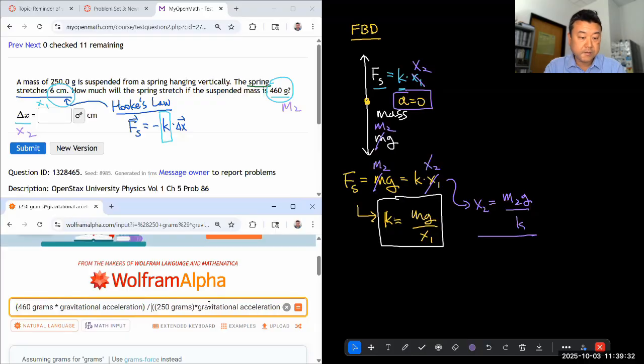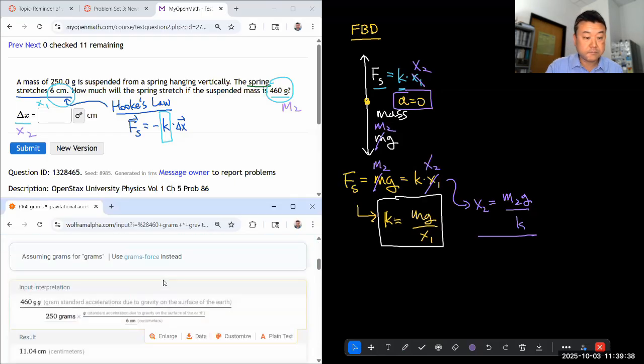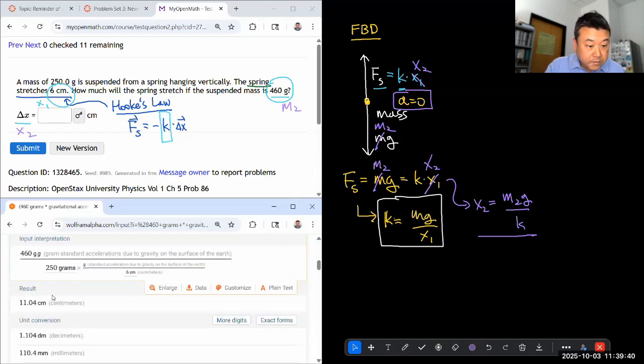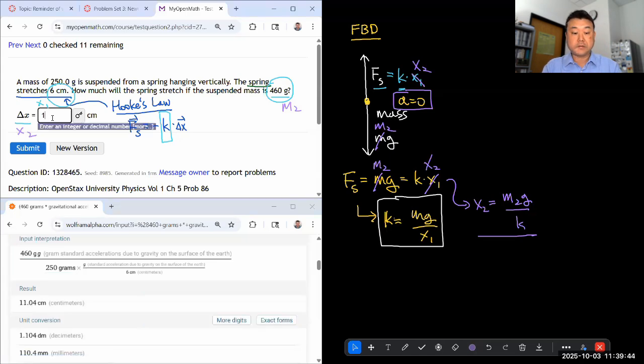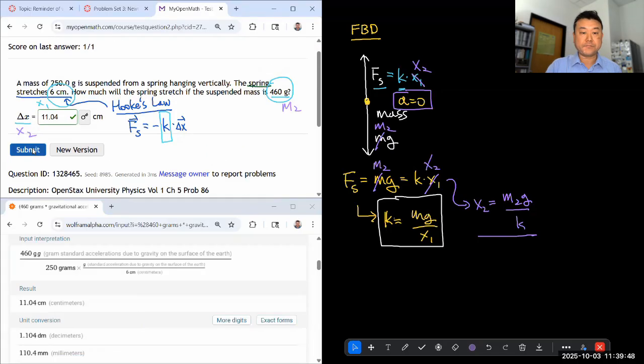All of that divided by that. So that should give me something in the unit of length, meters or centimeters. Let's look here. Yeah, centimeters, 11.04 centimeters. So that should be correct. Yep. Pretty simple. Involves a spring.